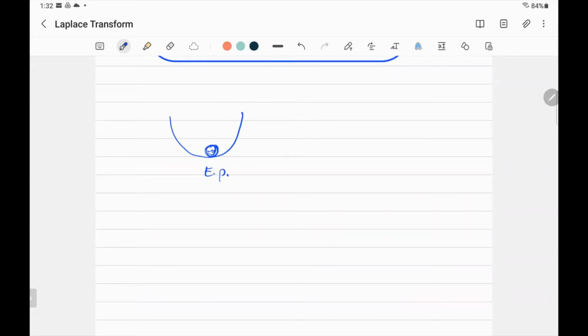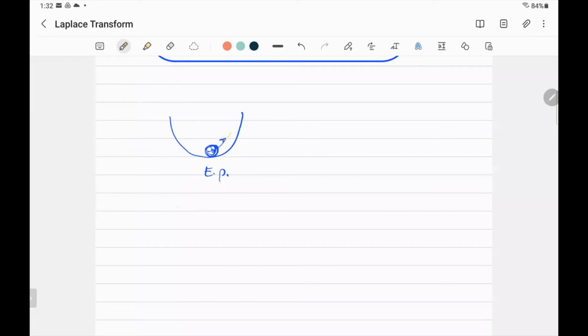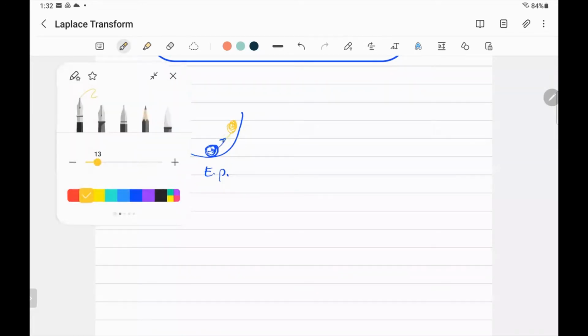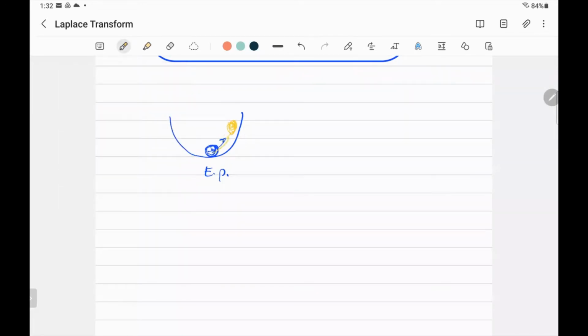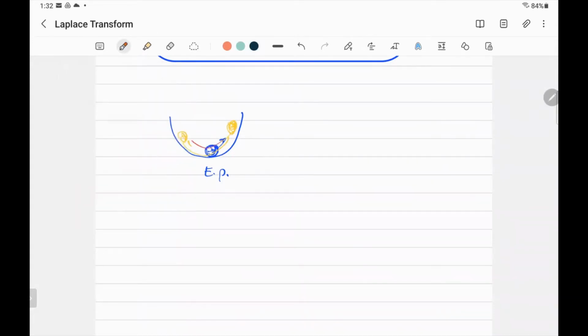Let's say you apply a disturbance: somebody comes by the tips of the fingers and forces it to move. What will happen to this ball? It moves up, and then it moves down, going to the other side. It keeps going from one side to the other, and the oscillation is decreasing. In the end, it goes back again to the same equilibrium position.